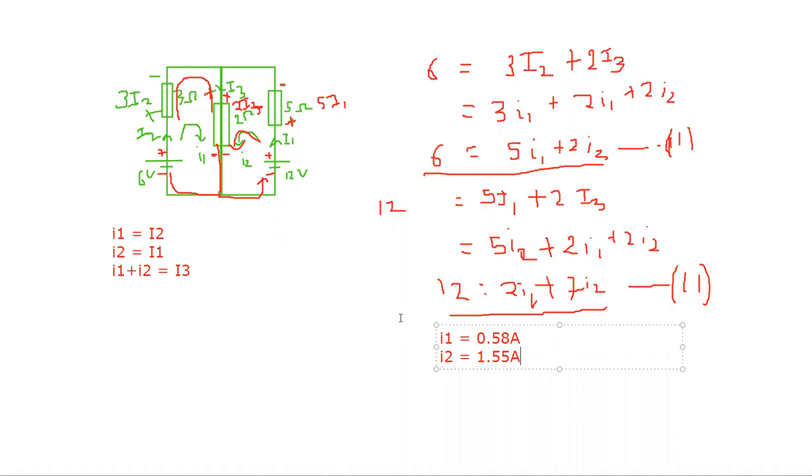But you need to find capital I1, I2 and I3. Capital I1 is equal to small i2, which is 1.55 ampere. Capital I2 is equal to small i1, which is 0.58 ampere. And capital I3 is i1 plus i2, which is 1.55 plus 0.58, equal to 2.13 ampere.